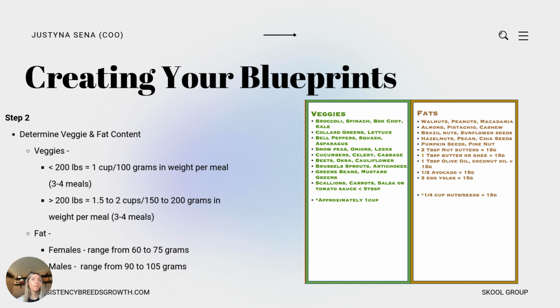This will be different based off of each individual, but the beauty about the CBG methodology is it's experimental. You get to figure out what you feel best on. Some females may feel and thrive at 60 grams of fat, whereas others thrive at 75. So it's give or take.